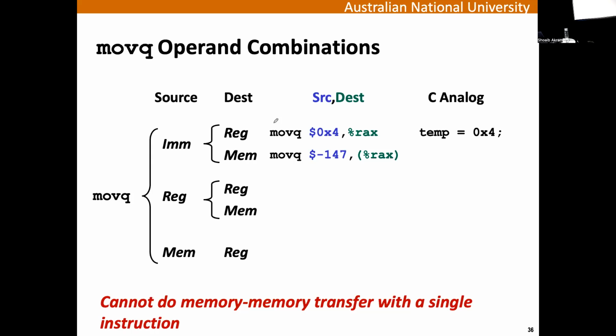Suppose we have a memory address that is stored in RAX. We are saying, take that address, go to that memory location, and store -147 at that location. The star P, if you read the lab handout carefully, we explain everything, is dereferencing a pointer.